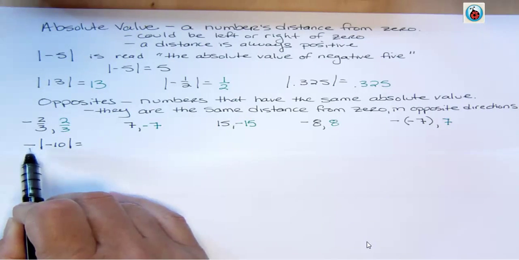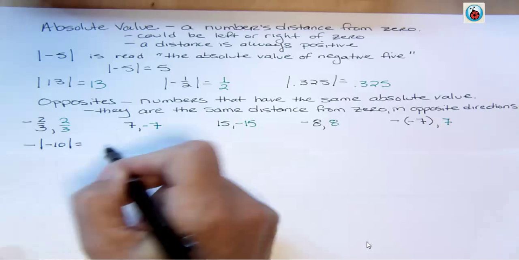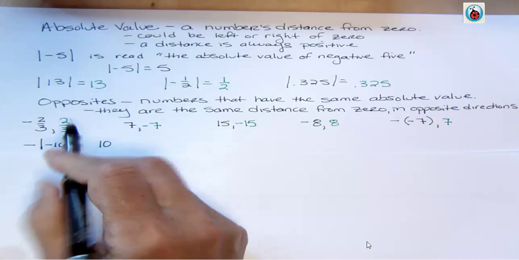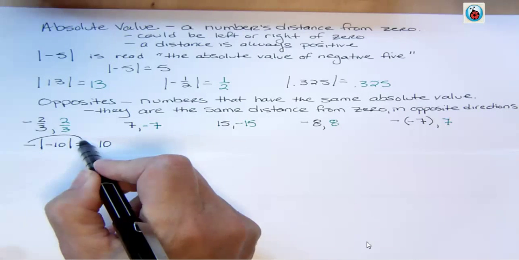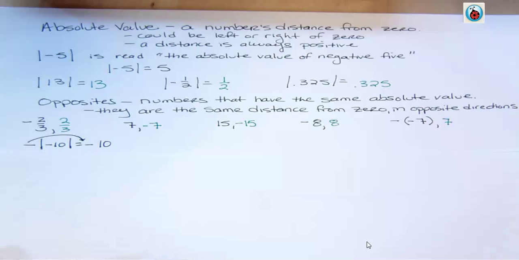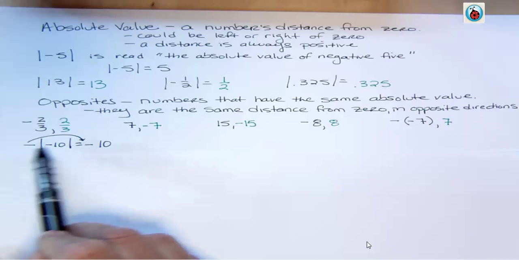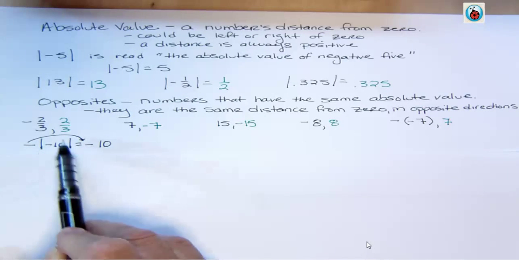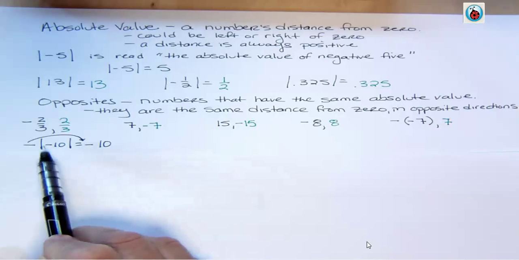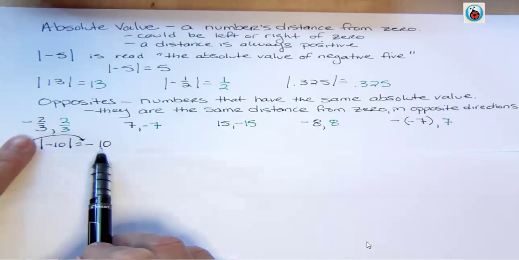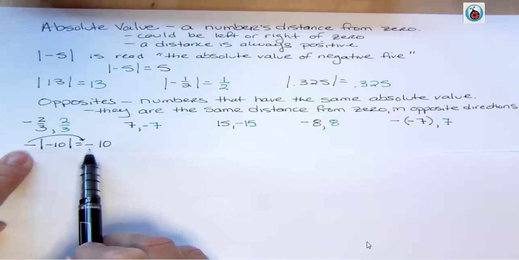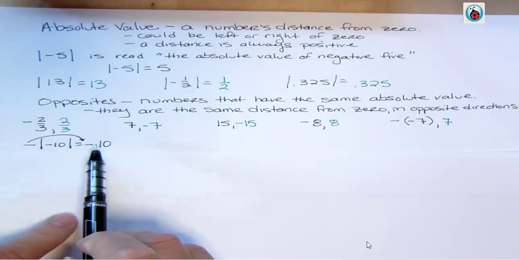So the absolute value of negative 10 is 10, but that negative in front has to be there again, so we get an answer of negative 10. We're saying the opposite of the absolute value of negative 10 is negative 10, because the absolute value of negative 10 is 10, and the opposite of that would be negative 10. So be careful when you're doing something like that.